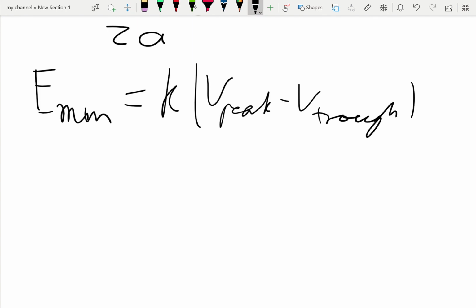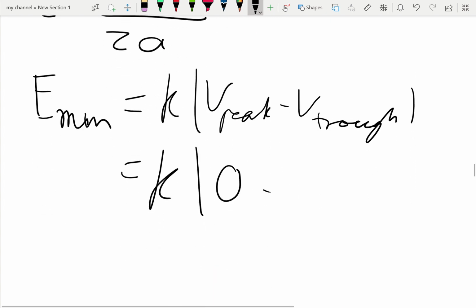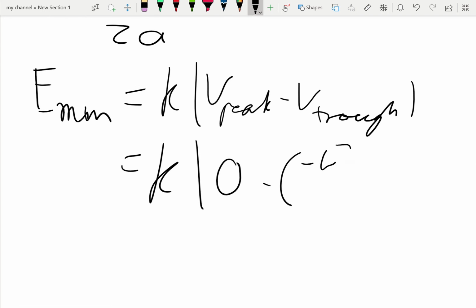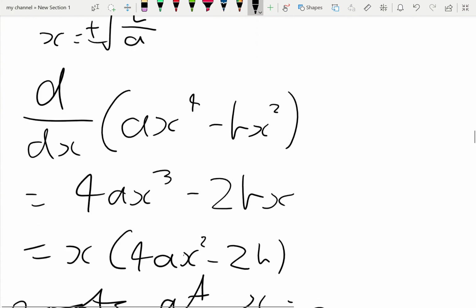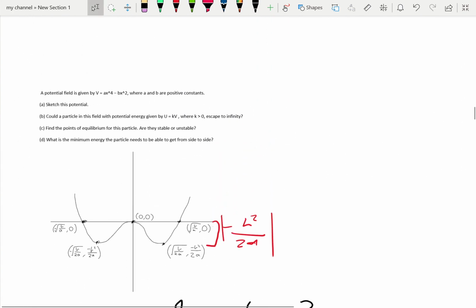Trough is going to be k times 0 minus b squared on 2a, so it's k times b squared on 2a. And that is question 3 done. Move on to question 4 soon.